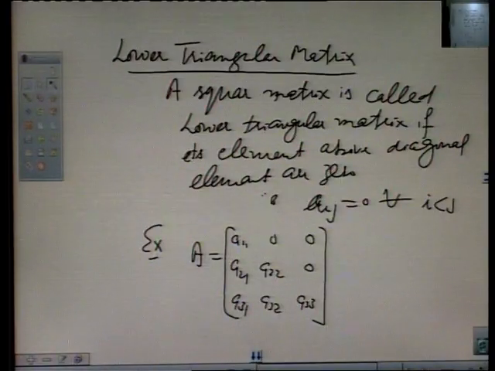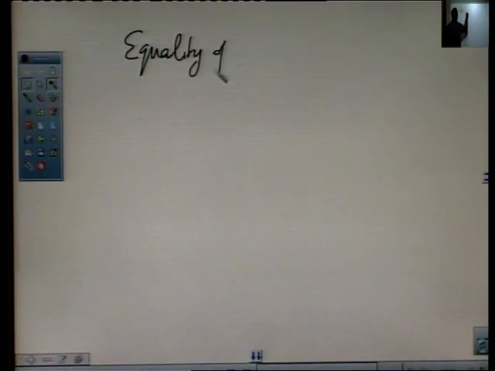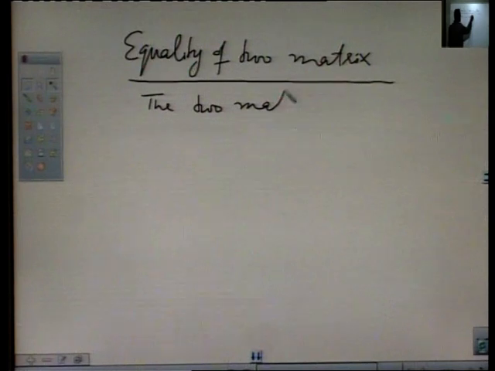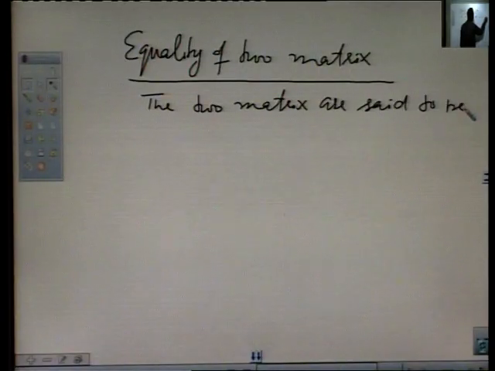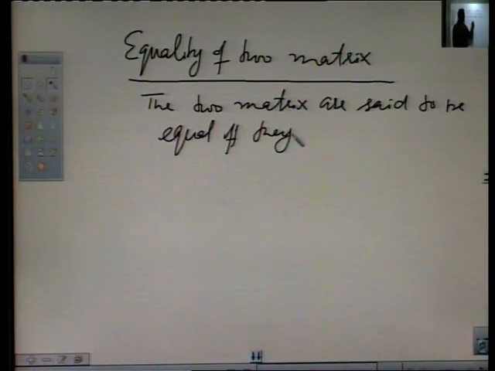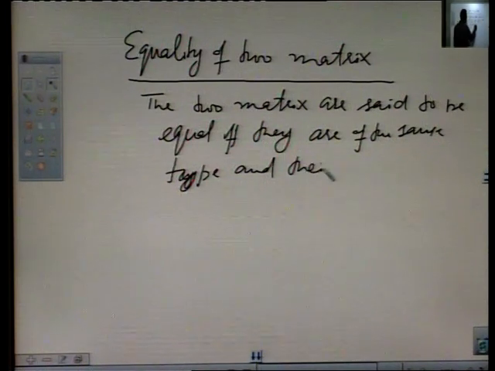And next is equality of two matrices. Two matrices are said to be equal if and only if they are of the same type and their corresponding elements are equal.